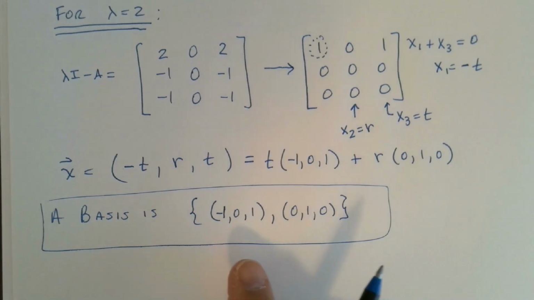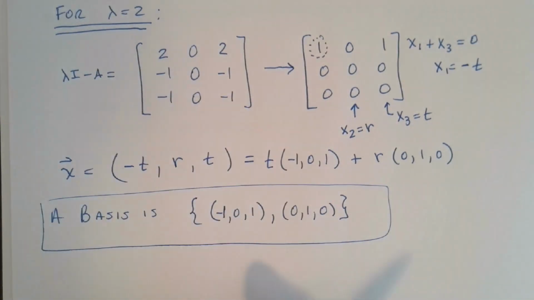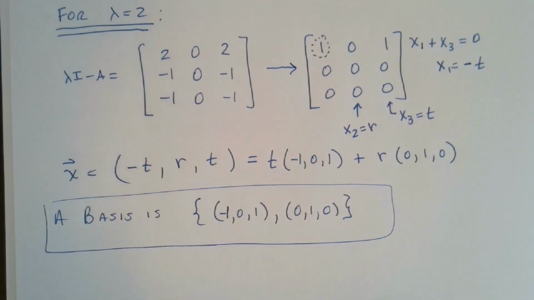This is the basis for the eigenspace of A corresponding to lambda equal 2. And notice the dimension is 2 because there's two vectors in the basis for this vector space.